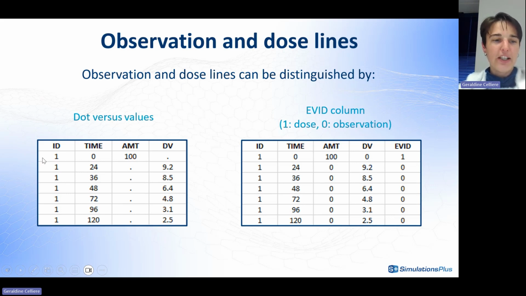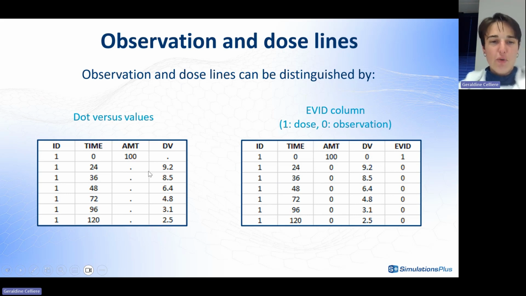Here, for example, I have the data for individual 1 with the different time points, and a dose line where I indicate the amount. Actually, that's a bit of a separate example because in our case, we have 1 and 10 milligram. And then I have a column with measurements for each of the different time points.